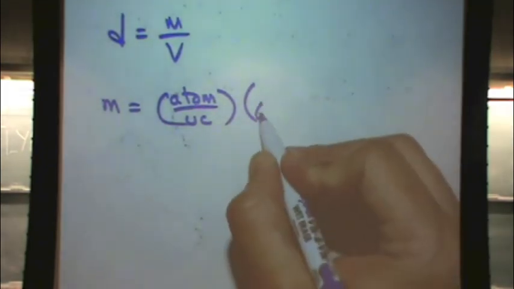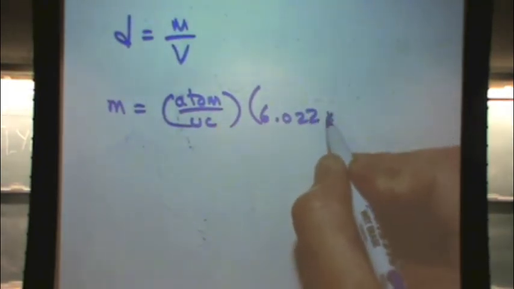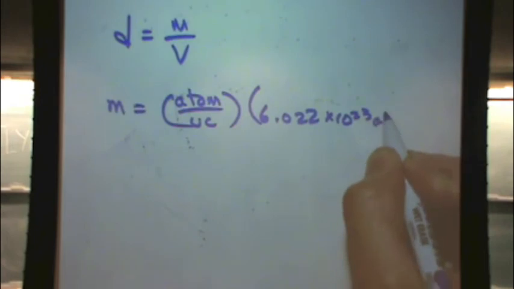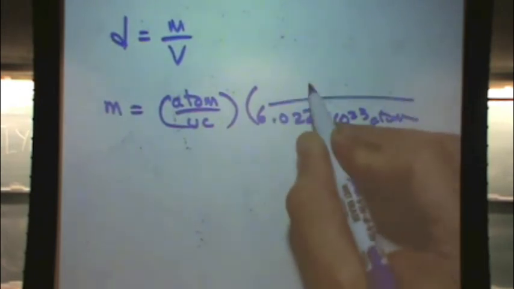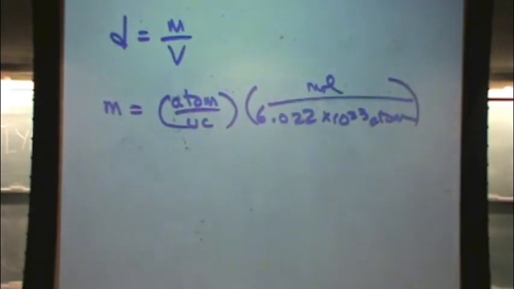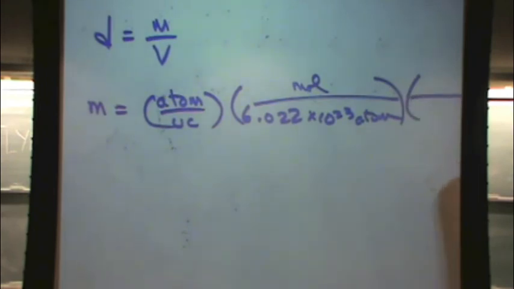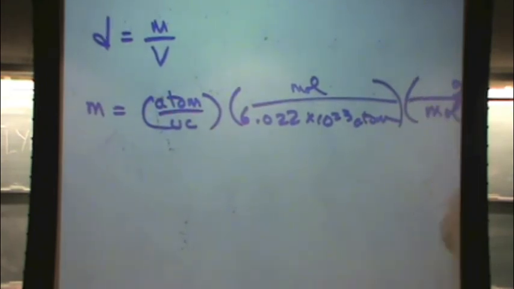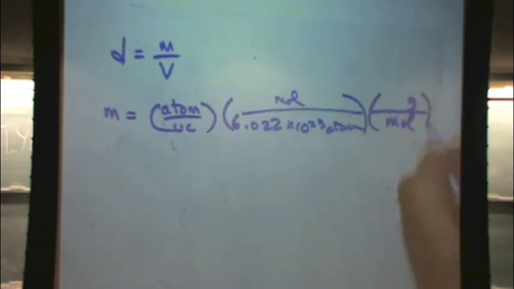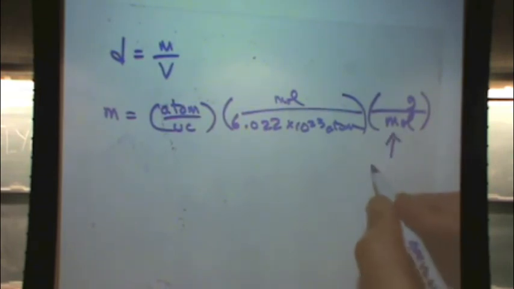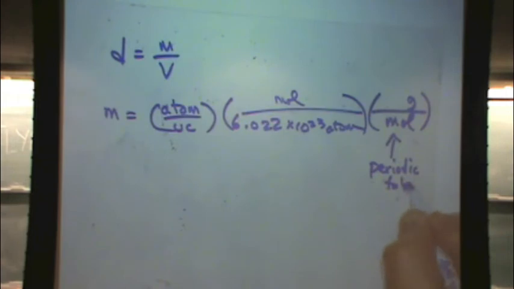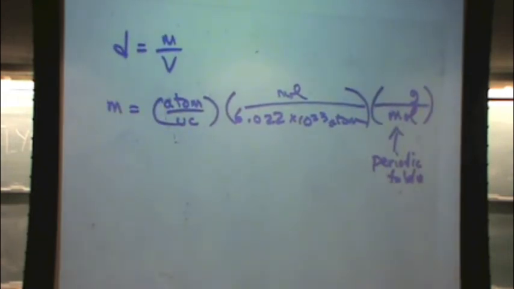So you do that by Avogadro's number, 6.022 times 10 to the 23rd atoms per mole. That's just Avogadro's number. And then you'd use the molar mass, grams per mole, from the periodic table. You need to know the compound or the element, whatever it is.